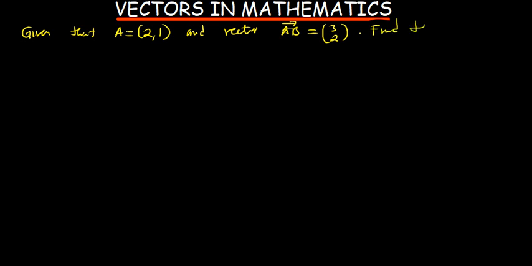Find the coordinates of B. Okay, you find this question in paper 1. Given the point A is 2 comma 1 and the vector AB is 3 2, find the coordinates of B. So the question is, how are we able to find that?